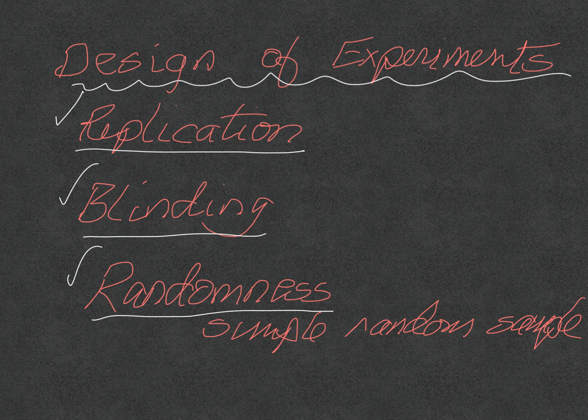Replication just means that the experiment can be repeated. Okay? Experiment repeated. So somebody can copy all your procedures, get their own subjects for it, and they should be able to get very similar results.